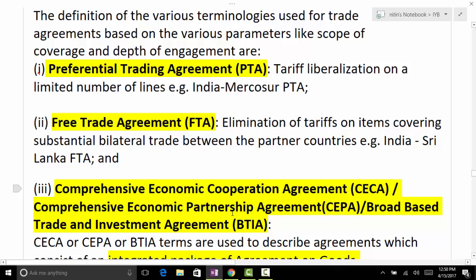क्या कह रहे हैं? Correct. What do you mean by positive list, Priya? क्या होता है? Difference between positive and negative list? बताइए ऋत्विक राज, explain करिए. Sir, positive list is where the goods are given and on those goods the tariff is reduced. Correct.